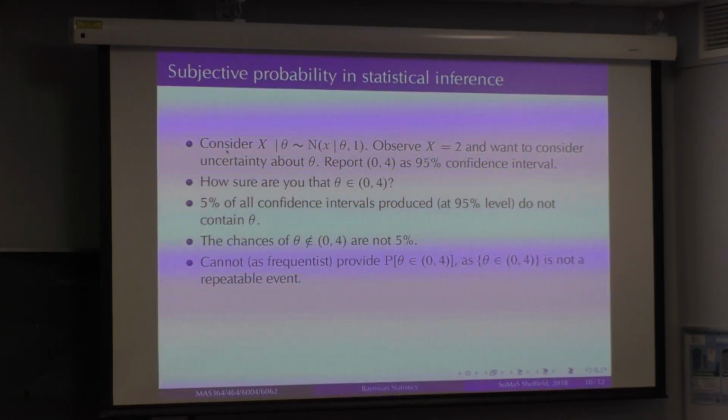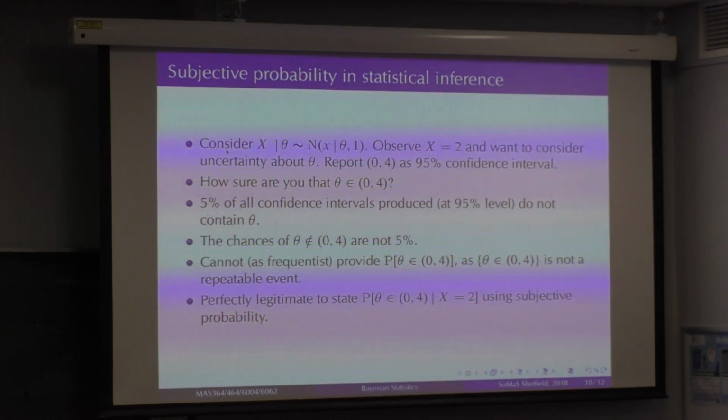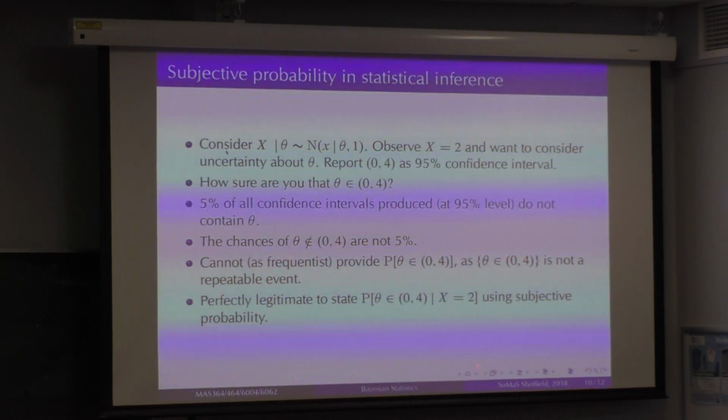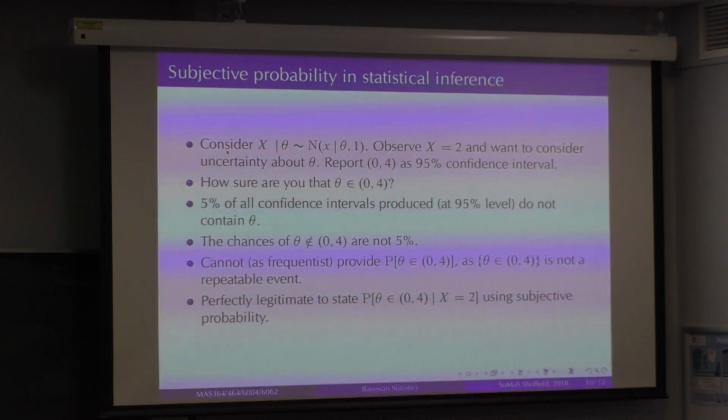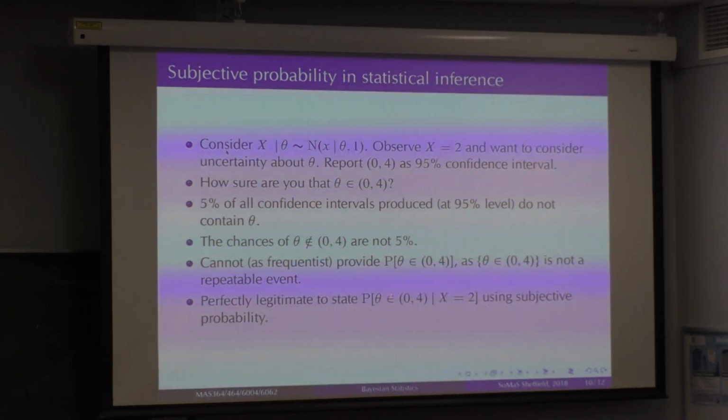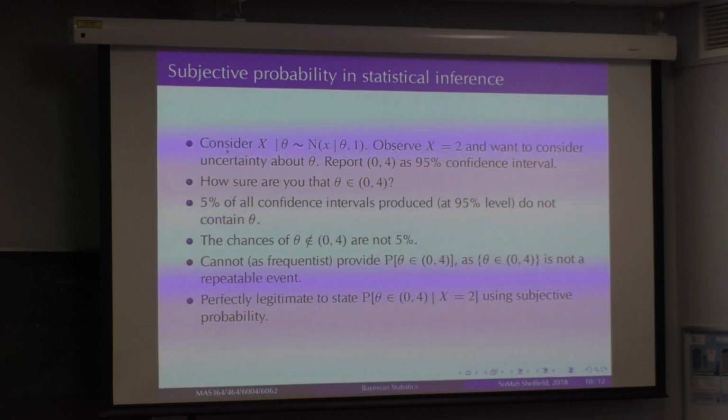So if you are a subjective probabilist and use Bayes' theorem, you are able to issue statements of this type: the probability of theta being in 0, 4, given that I observed the data, is such. And that practically makes a whole difference.